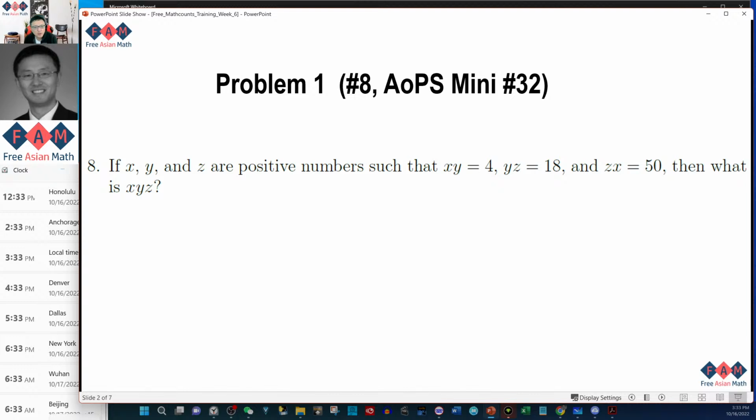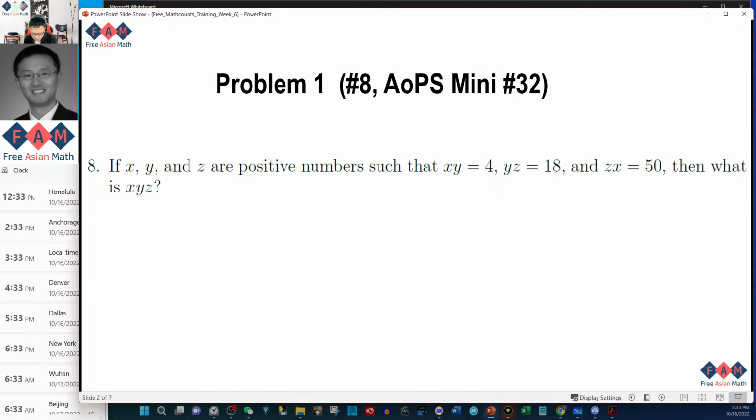Somehow we need to at least multiply some of the already known variables together. If we only look at xy, we're still missing z. So somehow you need to multiply this xy with something that contains z, right? And you see that yz and xz both have z.